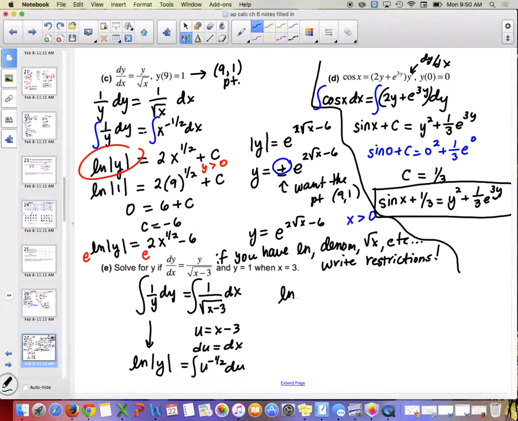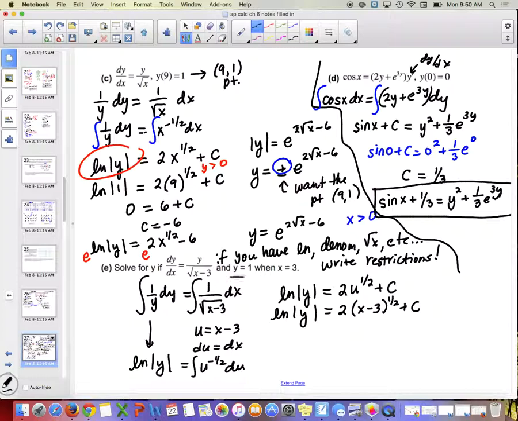So I'm going to get natural log of the absolute value of y equals 2u to the 1/2 plus c, like that. It's almost exactly the same as what we had here on part C. But our u is really x minus 3, right? So plug that back in.